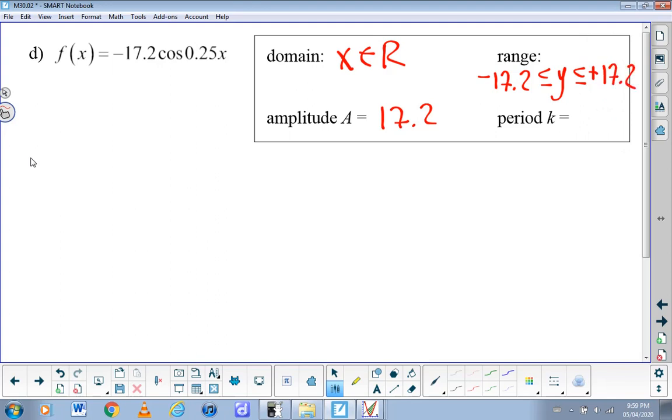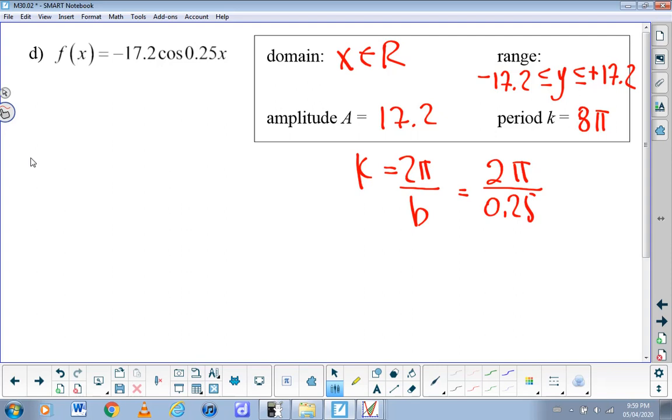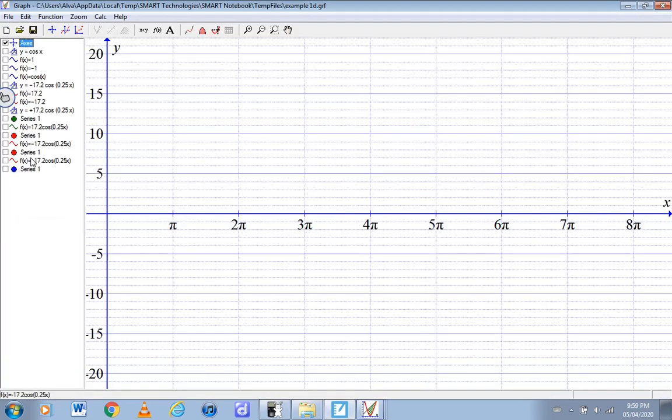The period is 8 pi. So that's the one I will explain. The period is the regular period of 2 pi over b. 2 pi divided by 0.25. 2 divided by 0.25 is 8, so you get 8 pi. Just quickly show you the graph.